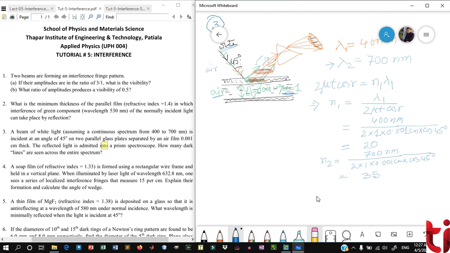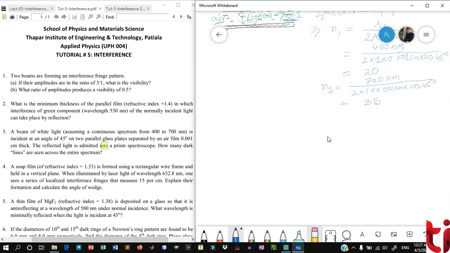So our final answer to this question is that a total of 15 dark lines will be observed in the spectrum after the prism spectroscope. So that concludes our question number 3.